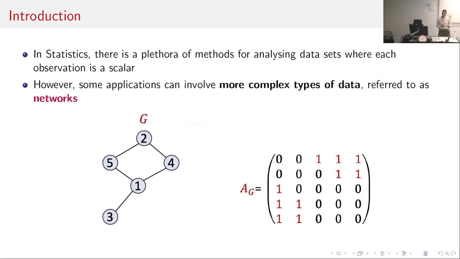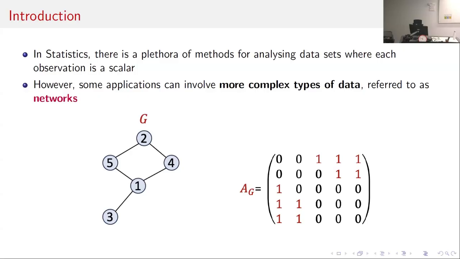With respect to the data, in statistics, as we already know, there is a plethora of methods for analyzing datasets where each observation is a scalar. However, there are many applications that involve more complex types of data, which we refer to as networks. Here I have a toy example of a network, which is a graphical representation of a network.